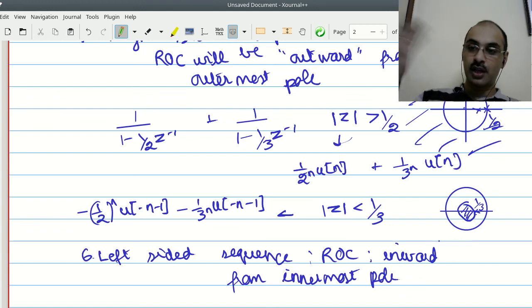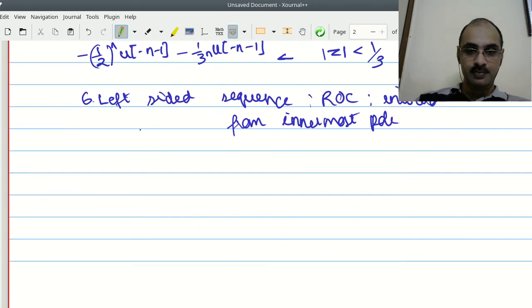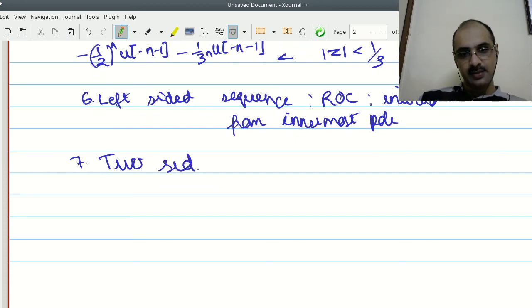When we say outermost, that's farthest from the origin, innermost is closest to the origin. So for a left-sided sequence, the ROC will be inward from the innermost pole. And for a two-sided sequence, you'll have a ring ROC.